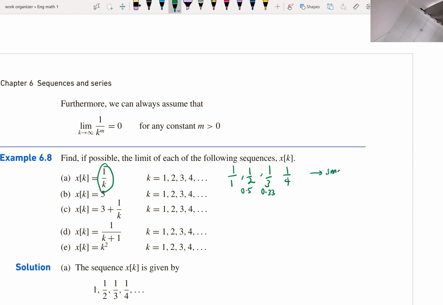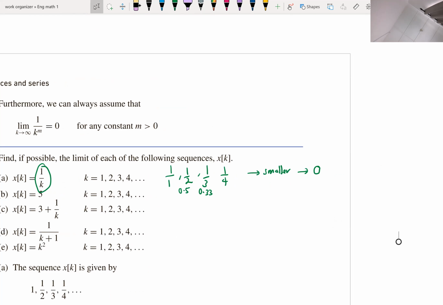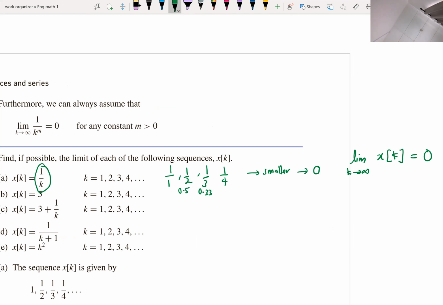It will get close enough to 0. So we can say the limit of this function x k as k goes to infinity is equal to 0.